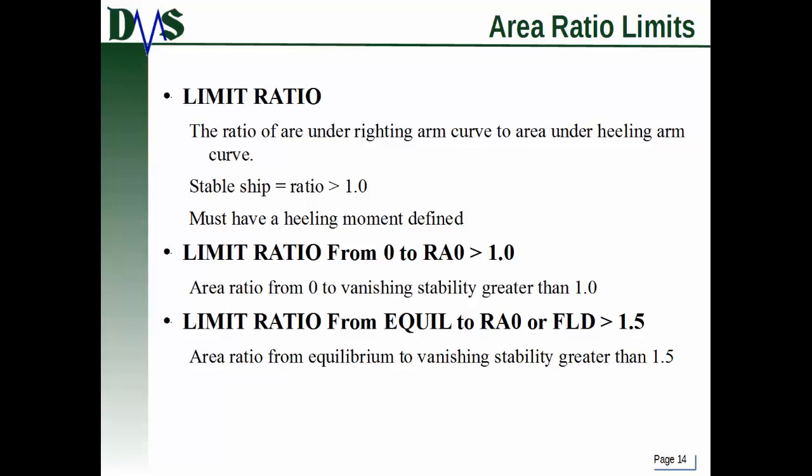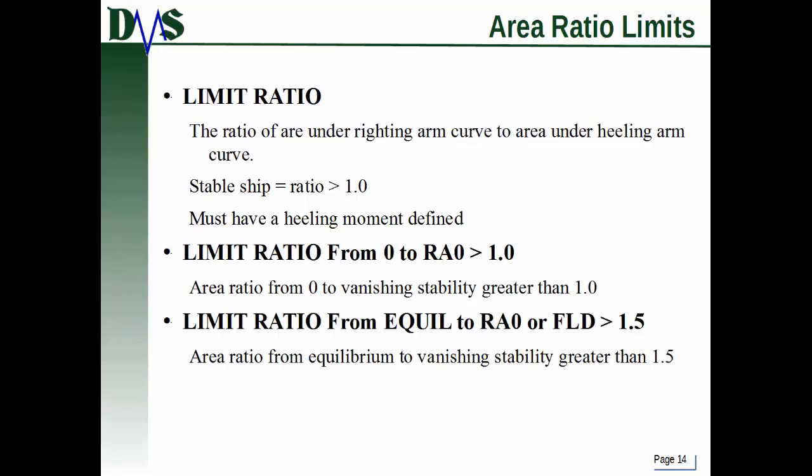Different regulations have different requirements for safety factors, but the safety factor is a part of the regulations. All we're concerned about is can you code it into GHS. Well, first off, notice this is a ratio against a heeling moment, so you need to have a heeling moment defined already.